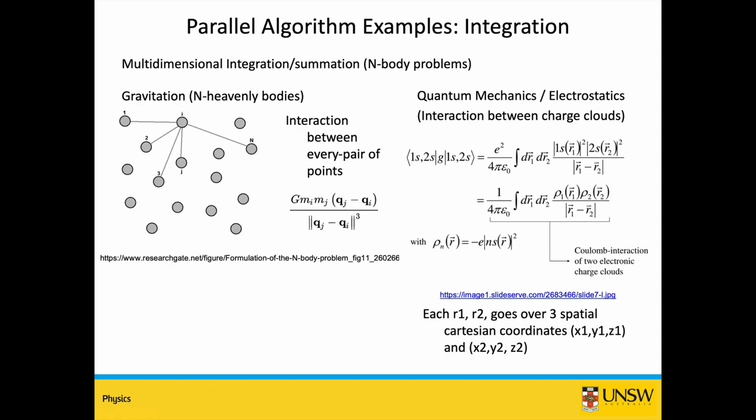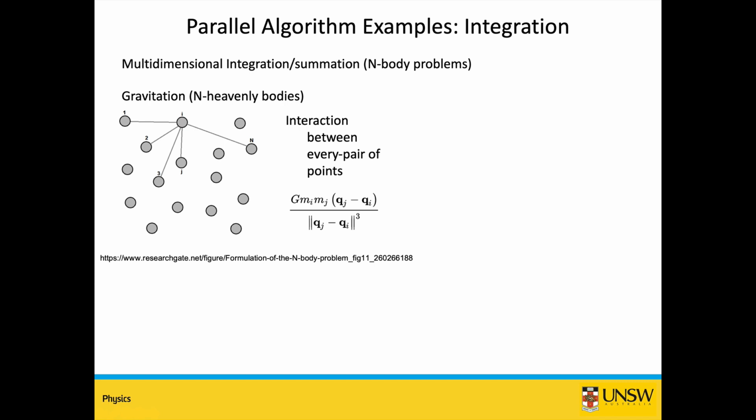Another example is actually a summation or integration when there is a large number of points that are needed. One example is the gravitation n-body problem. So you have n heavenly bodies, and they interact with each other through the force of gravity.